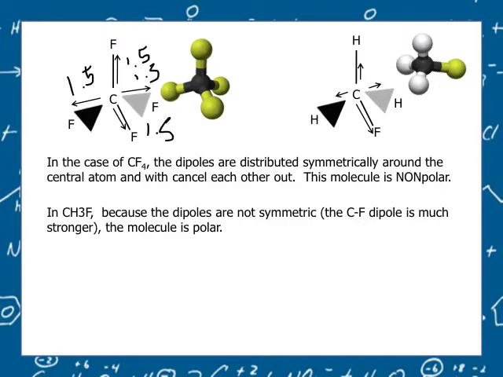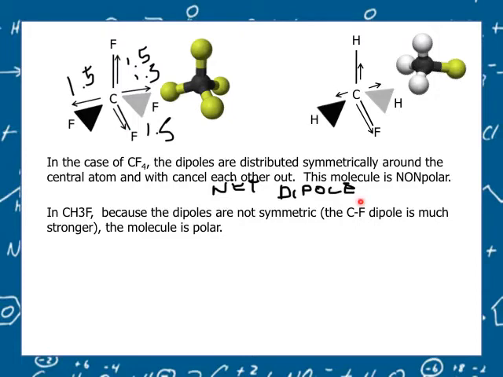So this is like having a four-way tug of war where all four teams are spread out symmetrically and they are all equally strong, so it's just going to be a four-way tie. So there is no net dipole, and that's a key word. In CF4, there is no net dipole, so this molecule is nonpolar. In fluoromethane, the dipoles are not symmetric.